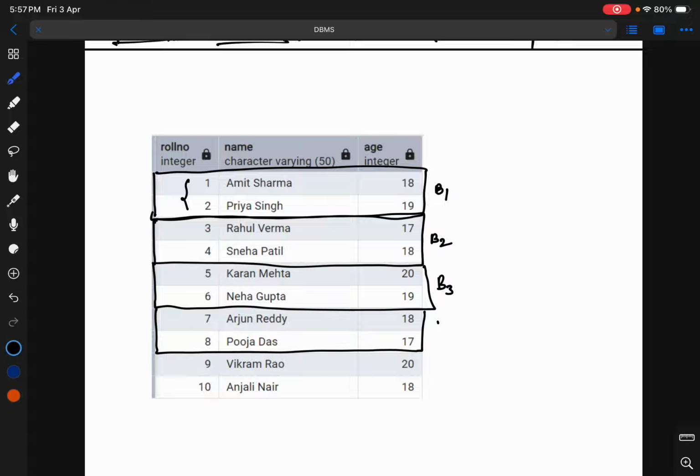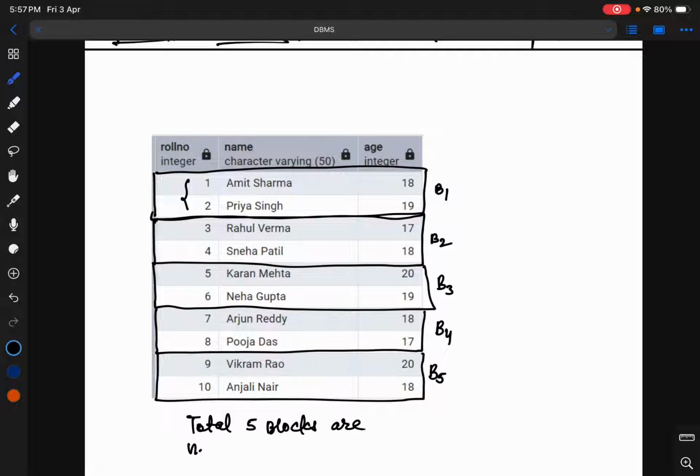The next two records will be stored in block 4, and the next two records in block 5. So a total of 5 blocks are needed to store the entire file.